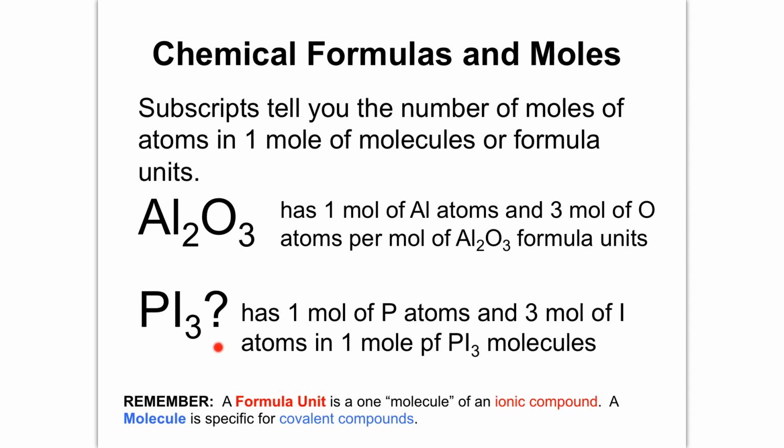And you could do the same thing here: 1 mole of phosphorus atoms and 3 moles of iodine atoms for every 1 mole of phosphorus triiodide. So we're going to use this information to help us go from moles to empirical formula to grams.